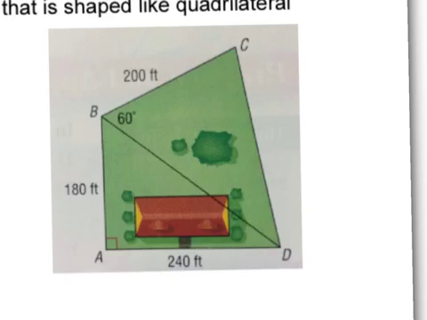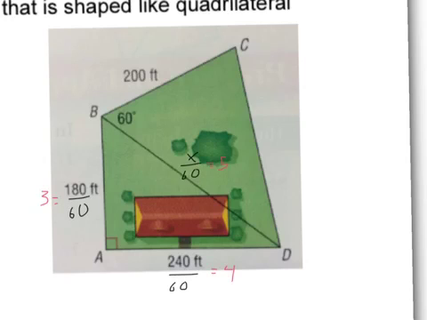Okay, well, hopefully you saw that this 180 and this 240 are sides of a right triangle, so you can use the Pythagorean theorem. And even easier than that, if you take 180 and divide it by 60, and 240 divided by 60, you would notice that you end up with a 3 and a 4, and so this is going to be a 5.